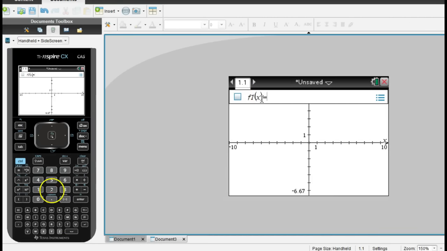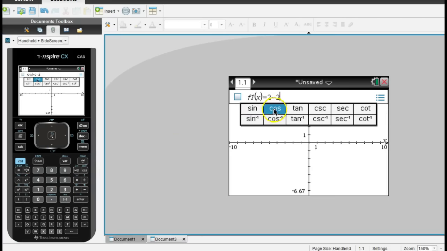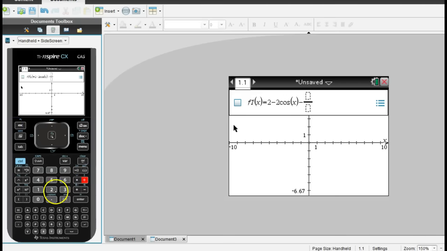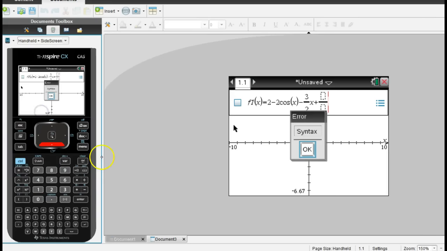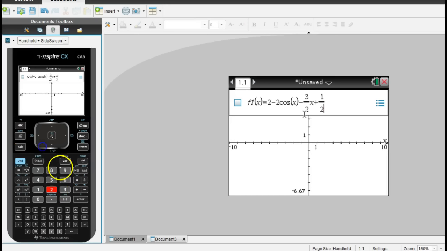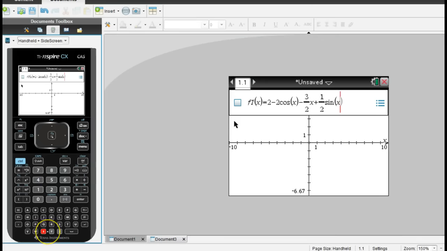Alright, so in here we're going to write 2 minus 2 cos x, minus, in we go with a fraction, 3 over 2 x, plus 1/2 sine x.